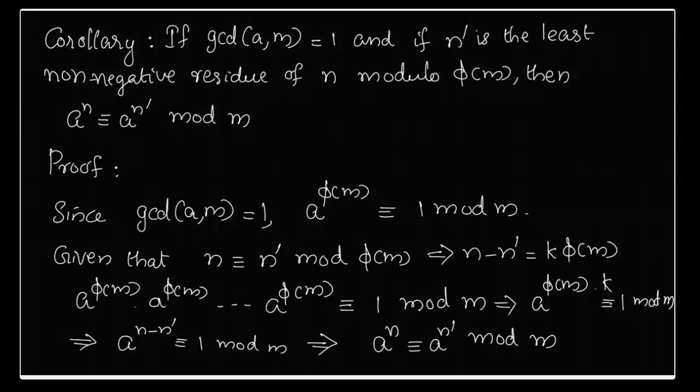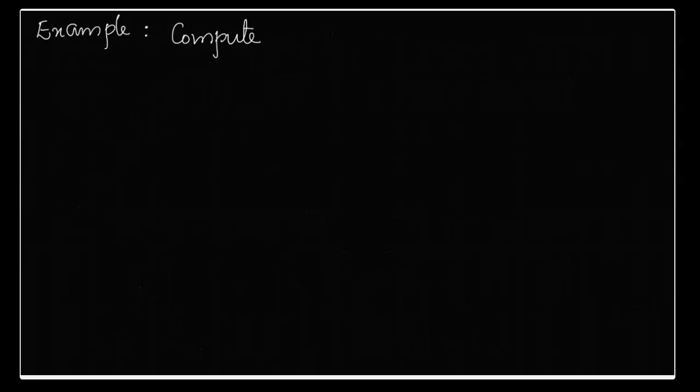Thus, as we claimed earlier, we have obtained that A raised to n is congruent to A raised to n dash modulo m.